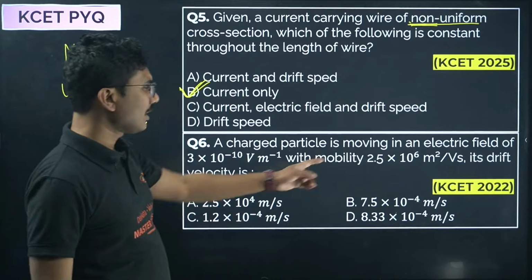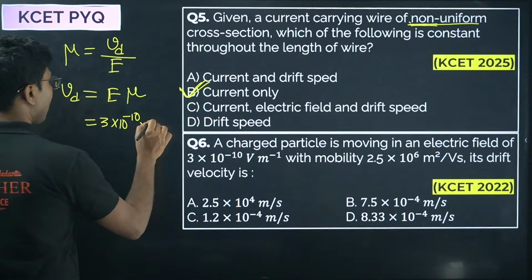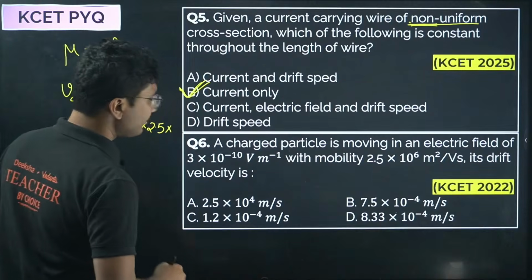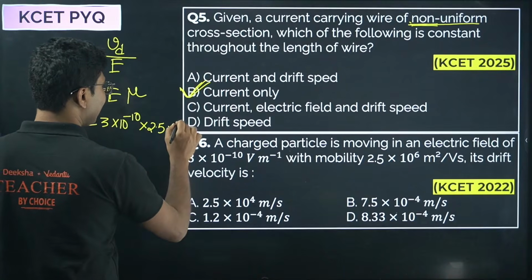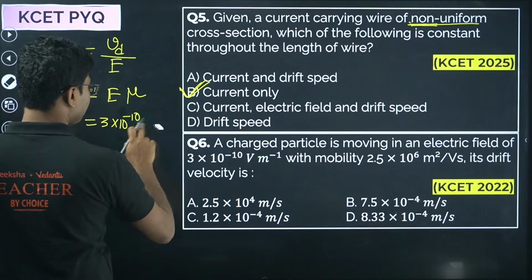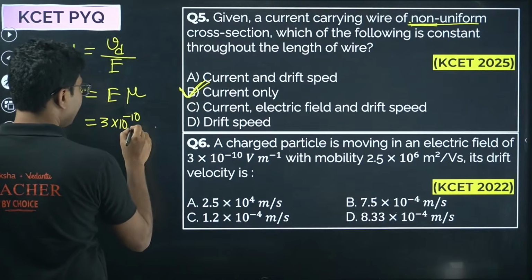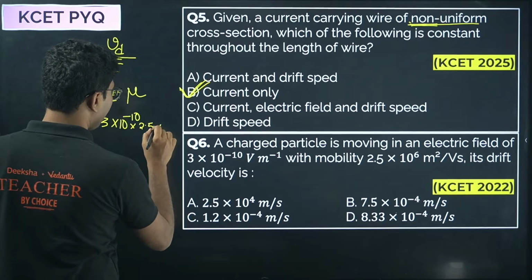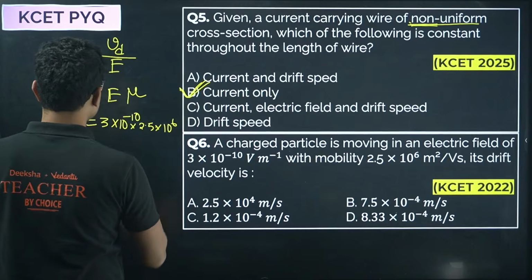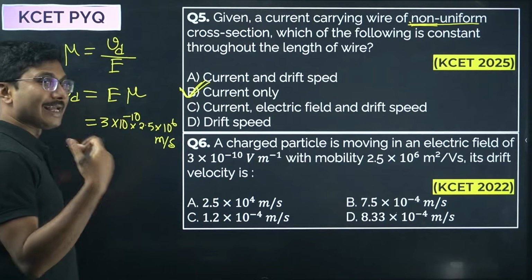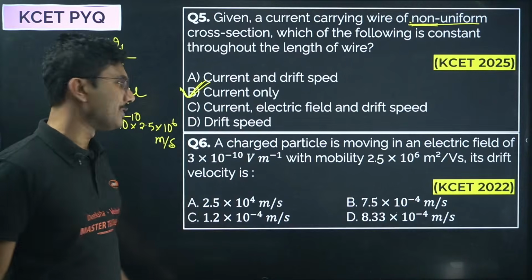Electric field is given as 3 into 10 to the power of minus 10, and mobility is given here as 2.5 into 10 to the power of 6. Everything is in SI unit, so no need to convert any unit. The drift speed will be in meter per second, since drift speed is the same as speed, so the unit should be the same.